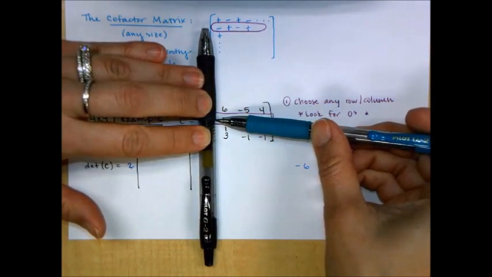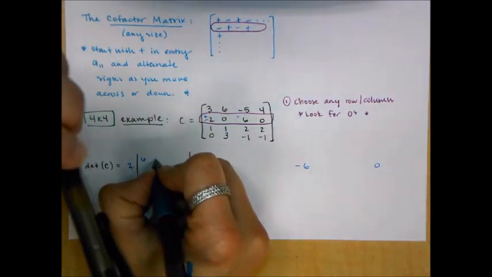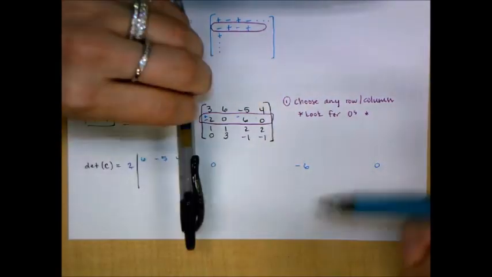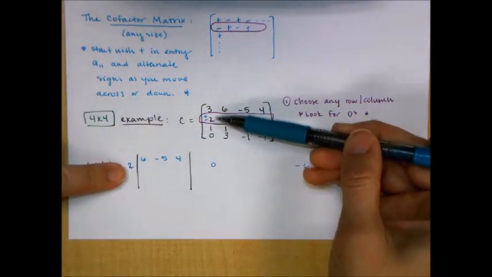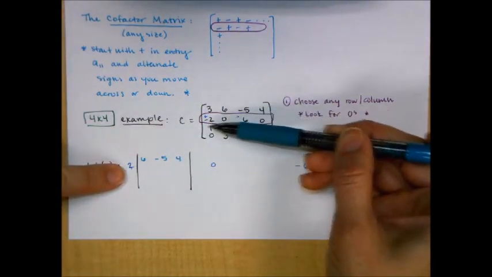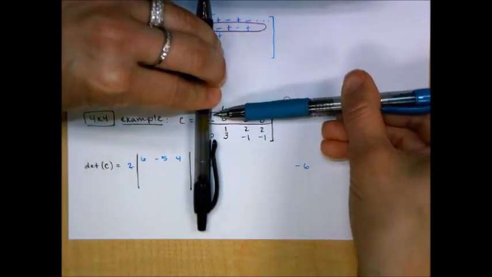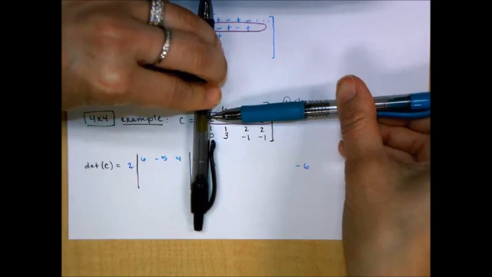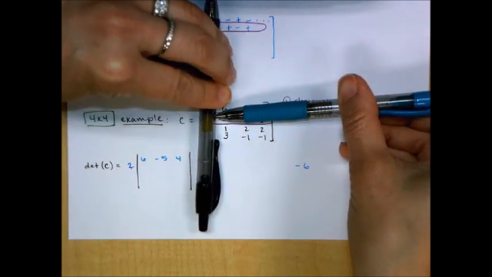So I'm going to write those down. 6, -5, 4. Okay, so I'm still covering up, but 2 here was in column 1, row 2. So you want to cover up column 1 and row 2. Underneath what I'm covering up, those remaining 2 rows with those 3 entries each, we're going to write those down. So we have 1, 2, 2.